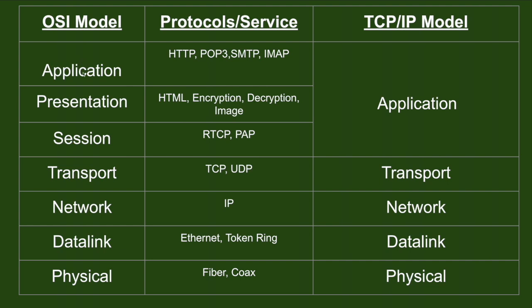Because it will be coded in the application that for this application I'm going to use HTTP. For example, another application would be sending an email. The email application says that I'm going to use POP3, SMTP or IMAP for my service. So that's how it invokes the protocol or services that this particular application uses.